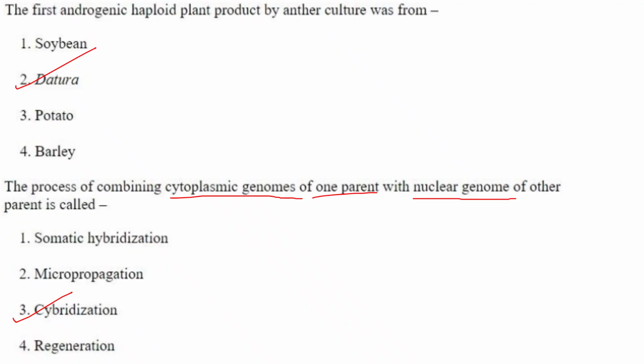So the parent which is providing the cytoplasmic genome is enucleated. That means the nucleus is removed from this parent, and then the second parent is having the nuclear genome. So that is called cybridization.